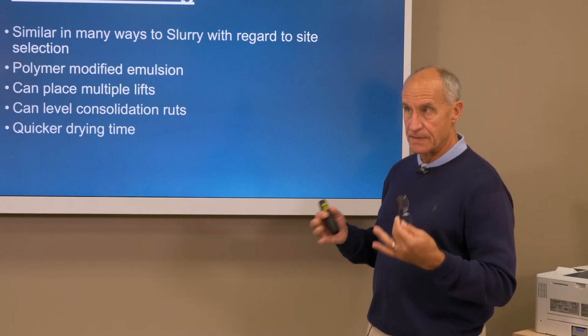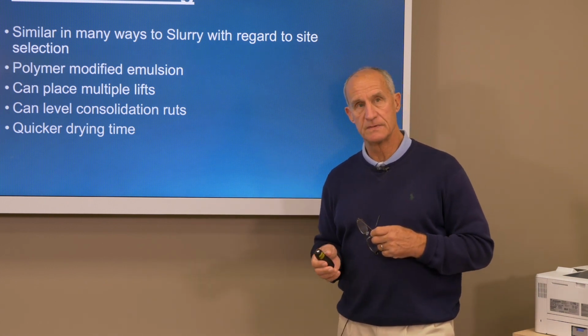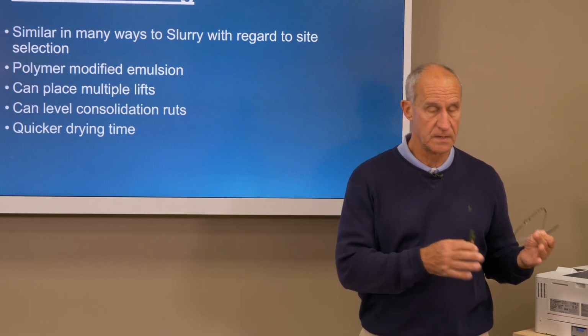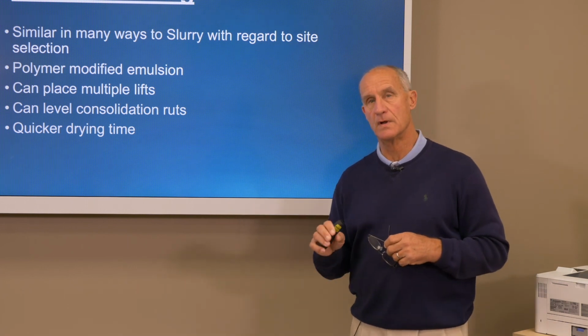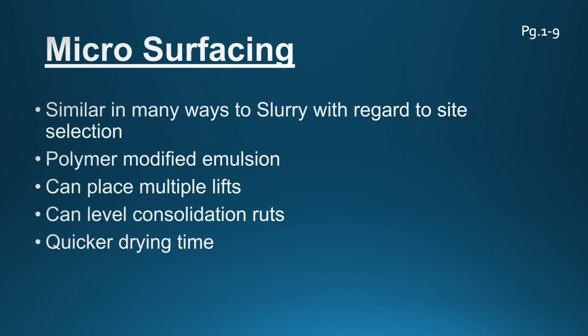Due to the chemistry in this mix now, we're able to lay the microsurfacing in multiple lifts, where one of the characteristics of a slurry is that it was a one rock mono layer type of a sealer. With the microsurfacing, due to the fact that with the chemistry in the mix it sets and cures a little bit quicker than the slurry, we can level consolidation type ruts.